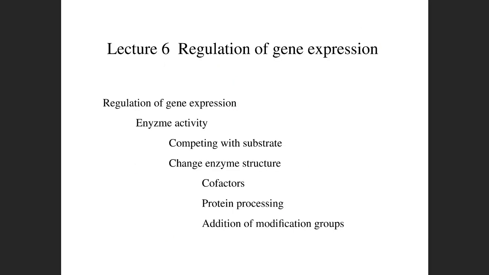If we think about regulating enzymatic level, there are two different mechanisms. One is you can have an inhibitor that competes with the substrate, and or you can change the protein or the enzyme structure, and that can regulate the enzymatic activity as well.